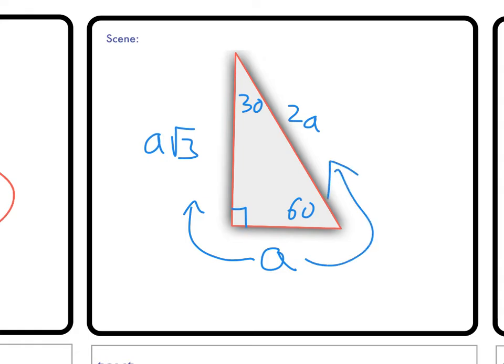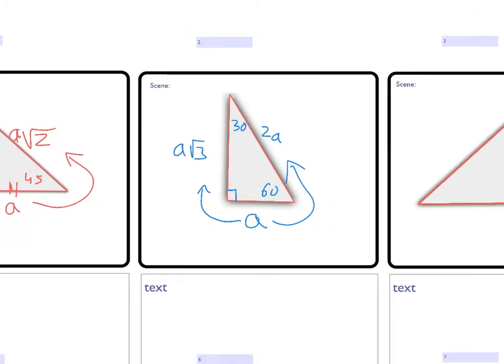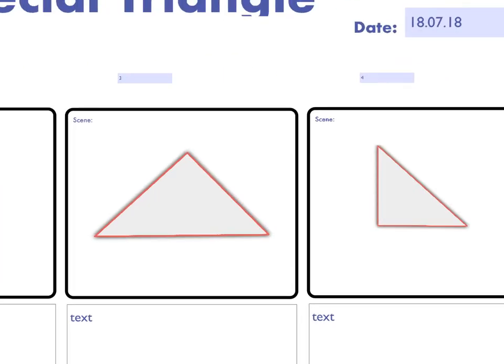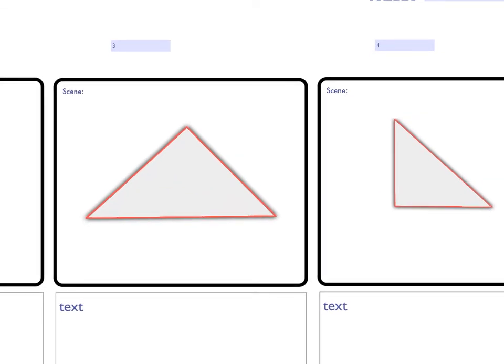So these are some nice, neat shortcuts to make your way around any 30, 60, 90 or 45, 45, 90 triangle. Okay, let's try a couple here. This is a 45, 45, 90, though it looks a little out of whack. There are two types of problems we can have with a 45, 45, 90.